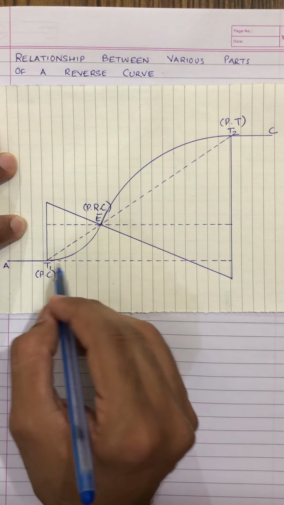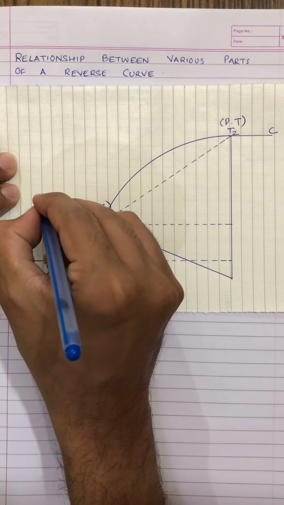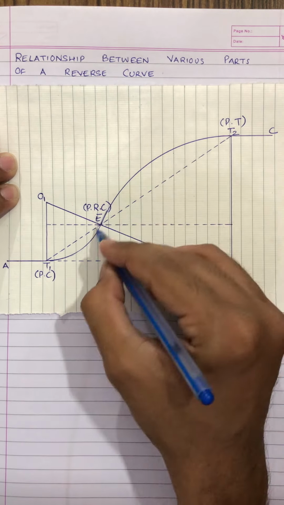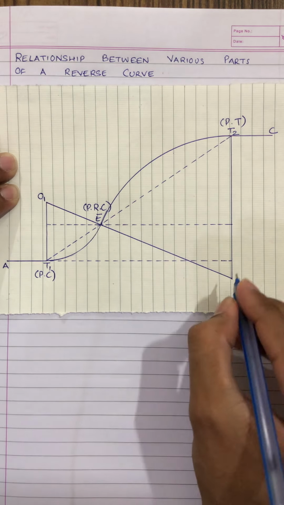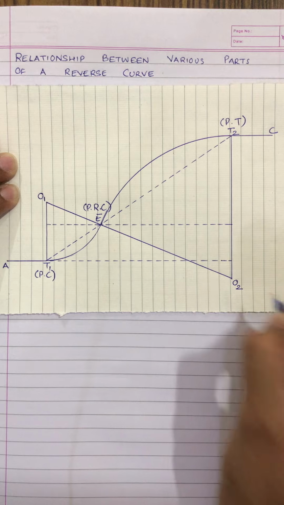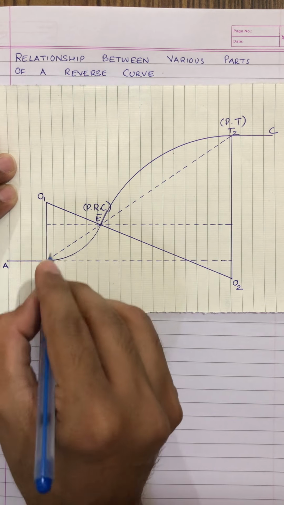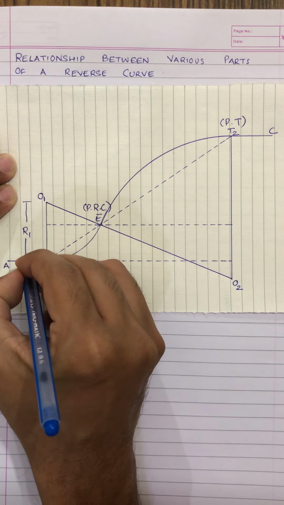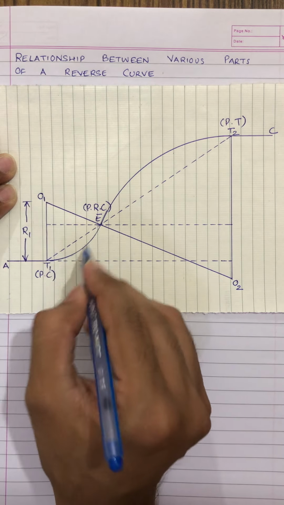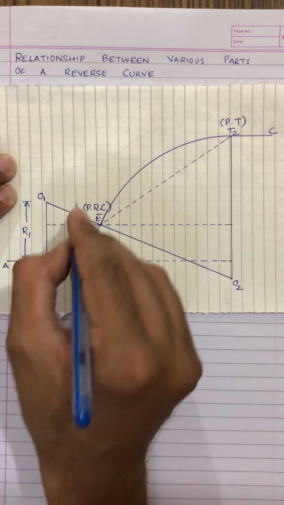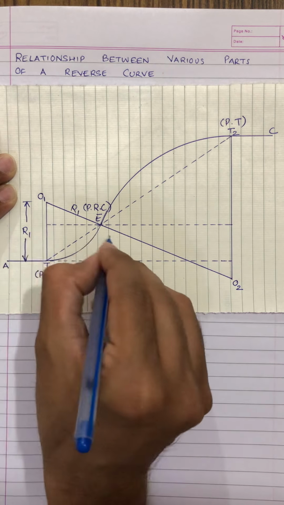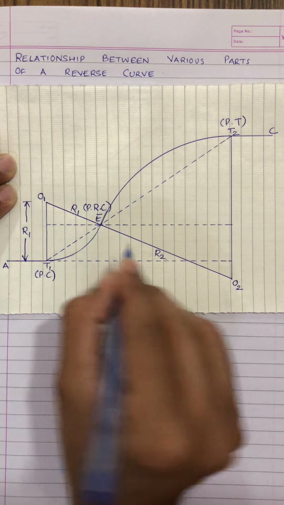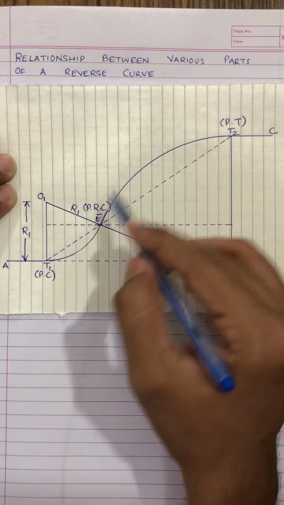Now this curve T1E has a central point O1, and this curve T2E has a center point O2. Let R1 be the radius for this curve T1E. This is R1, so this will also be R1. Let R2 be the radius for this curve T2E.